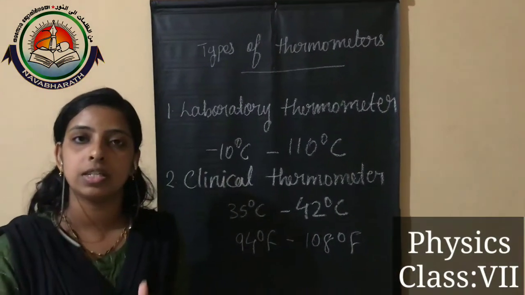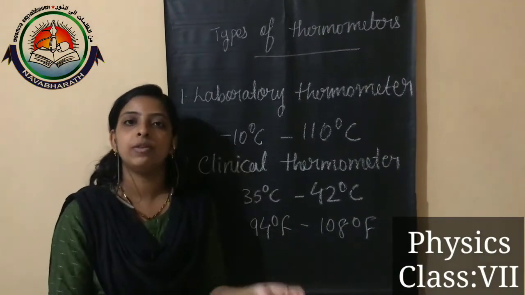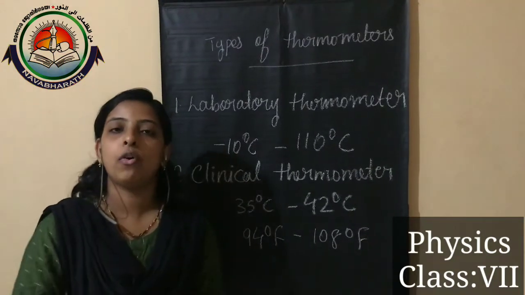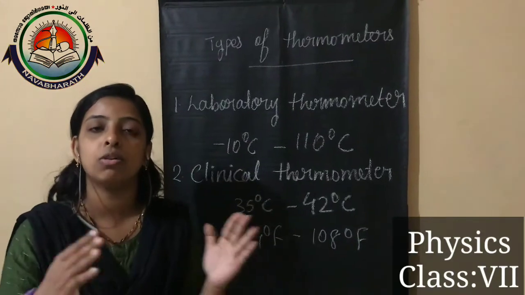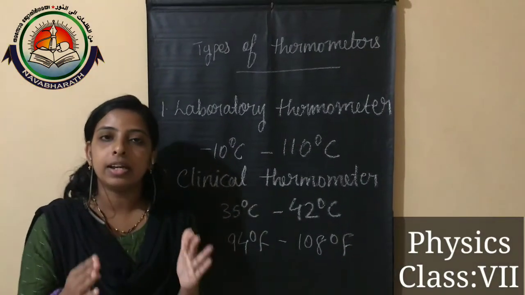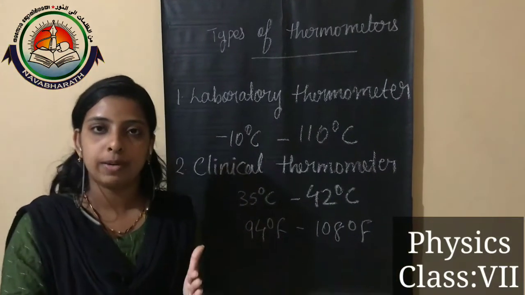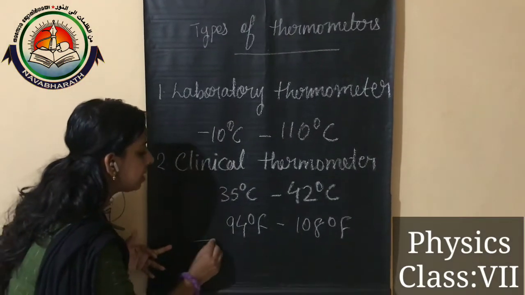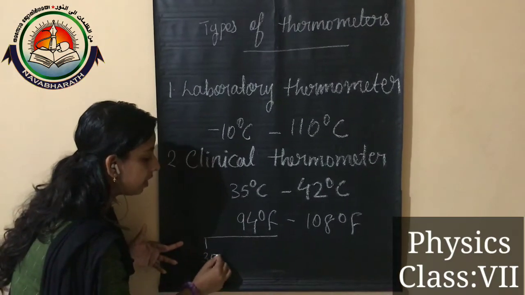Now we can discuss how to read a clinical thermometer, or how to measure temperature with it. The first point is that we should consider the temperature difference between two consecutive values. In a clinical thermometer, we consider the range of temperature from 35 to 42, as we already discussed. So the scale is like this: from here, 35 degrees Celsius.